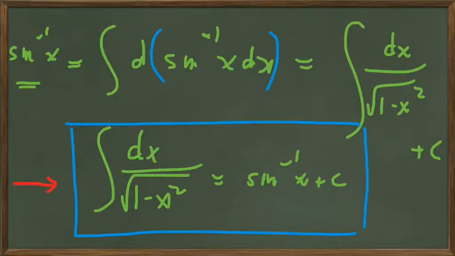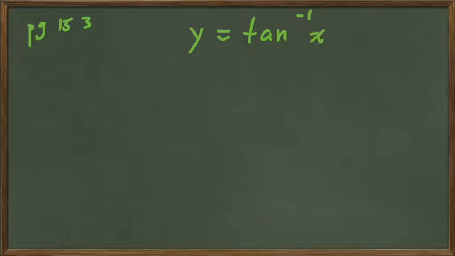So let's do something similar and derive a formula for the derivative of the inverse tangent function and convert that into an integral form. So now if we continue as on page 153 of your textbook, and we let y equal tangent inverse of x, we take the tangent of both sides of that and get x equals tangent y.